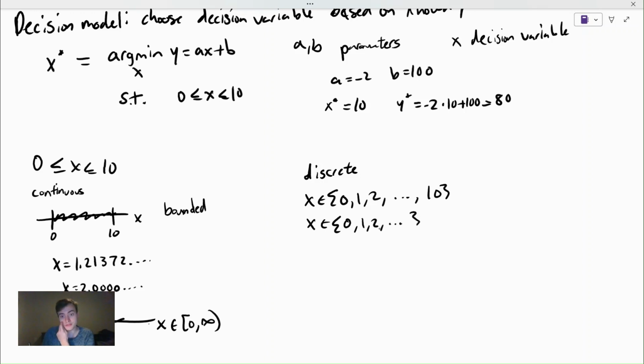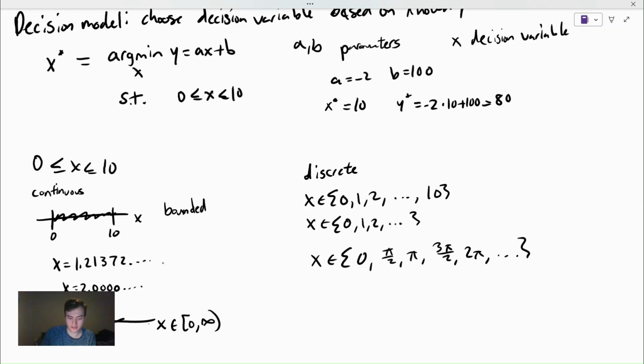So we could have 100 billion and 1, but not 100 billion and 1.5. We can't have any decimal places, but there are still an infinite number of values. And a discrete variable is not necessarily integers. We could have 0, pi over 2, pi, 3 pi over 2, 2 pi, etcetera. And that would still be a valid discrete variable.